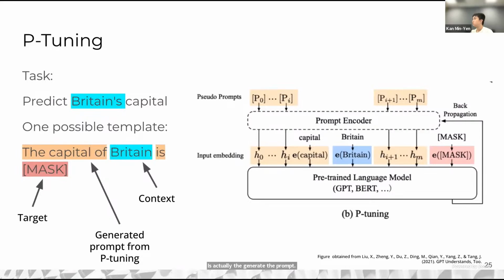So the p-tuning idea shows that prompts can be so flexible that we may even insert them into the context or target. In addition, adding more task-related tokens, such as "capital", as shown over here in a red circle, into the prompt will bring further improvement. However, this p-tuning model leads to 2 limitations.